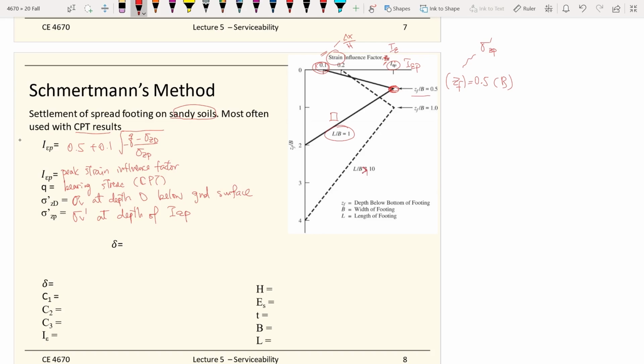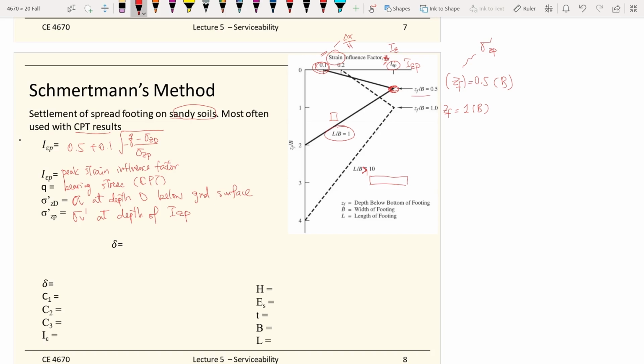The other dotted line here is for the rectangular, really long footings, and you have this point. You have a ratio of 1, so the depth of the peak strain influence factor will be exactly equal to the width of the foundations. So that's how we calculate those parameters.